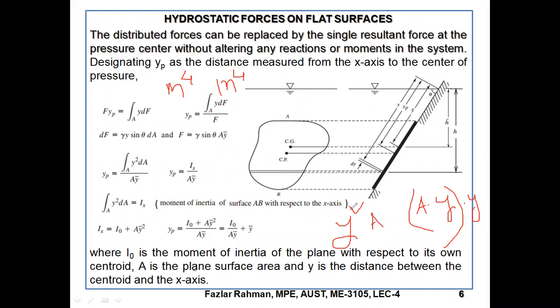This is called, and this equals, you will get Ix. Now, instead of area, if you take a segment with small area dA, then this will be your moment of inertia along the x-axis.